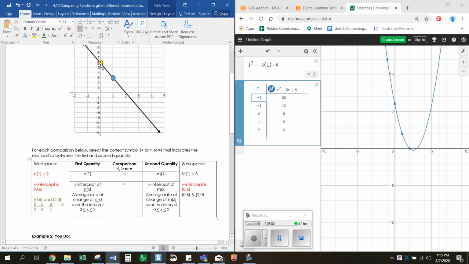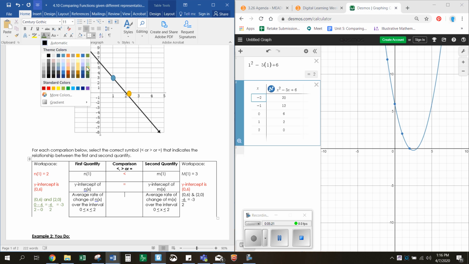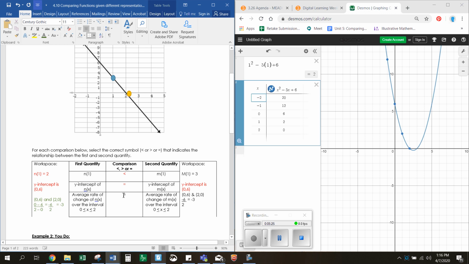I can look at down 1, 2, 3, 4, 5, 6 over 1, 2. So down 6 over 2, that simplifies to negative 3. So again, I have the same values when I compare average rate of change.